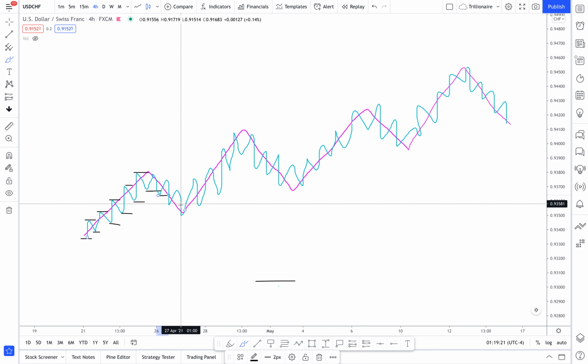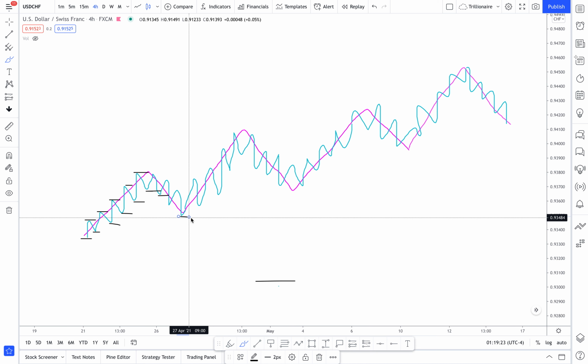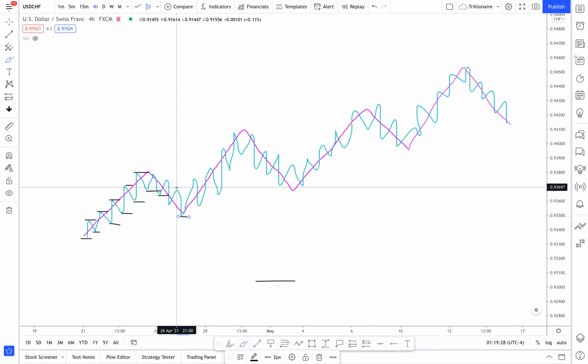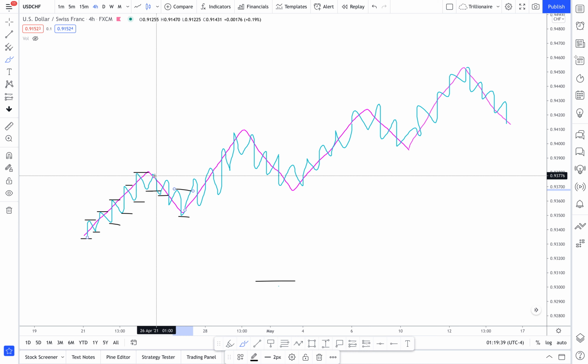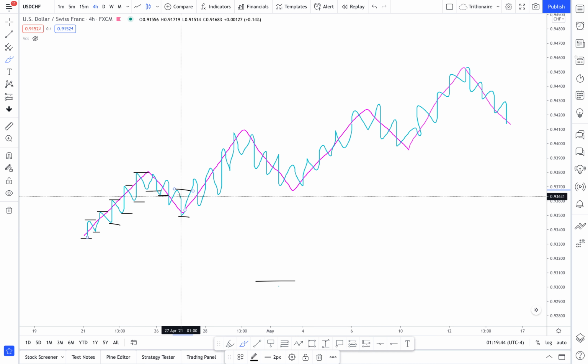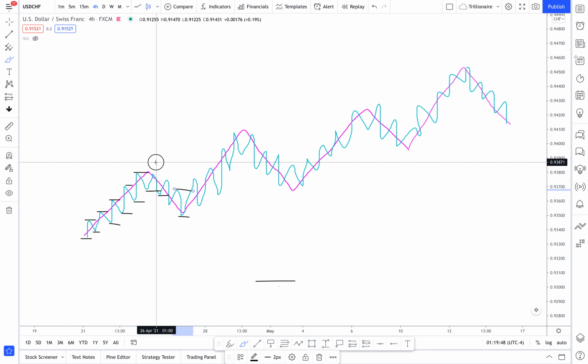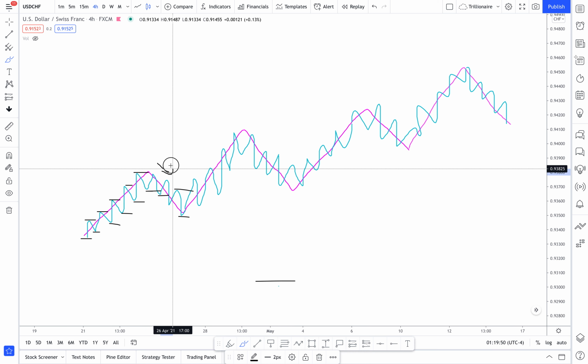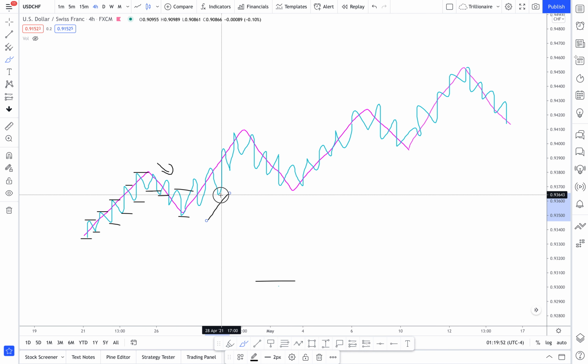Then price pushes down, gives us a lower low, and then pushes up to break structure to the upside, because we understand that the H4 time frame is just giving us a pullback, which on the lower time frame, such as the M15, will be our downtrend structure. So when you're in a downtrend and you break a higher low to the upside, that is order flow switching from bearish momentum to bullish momentum.